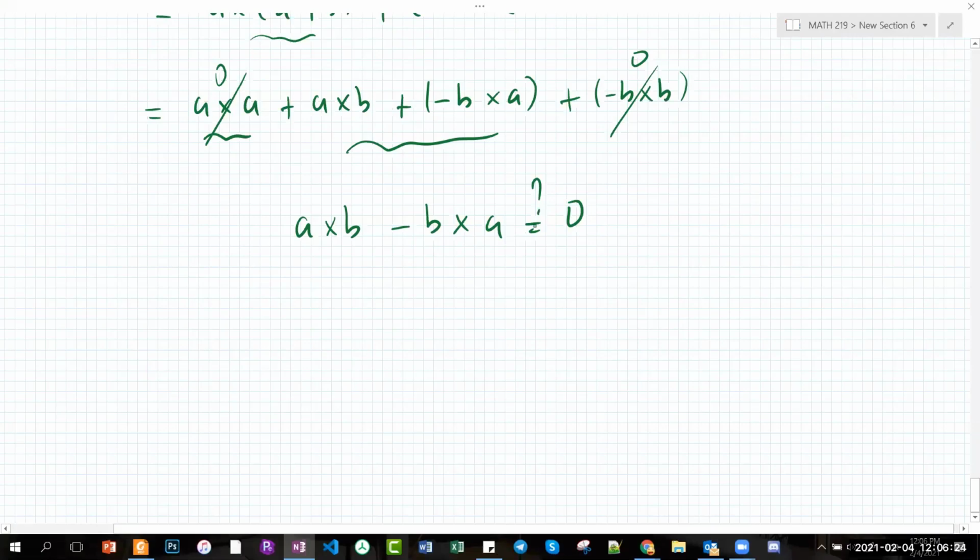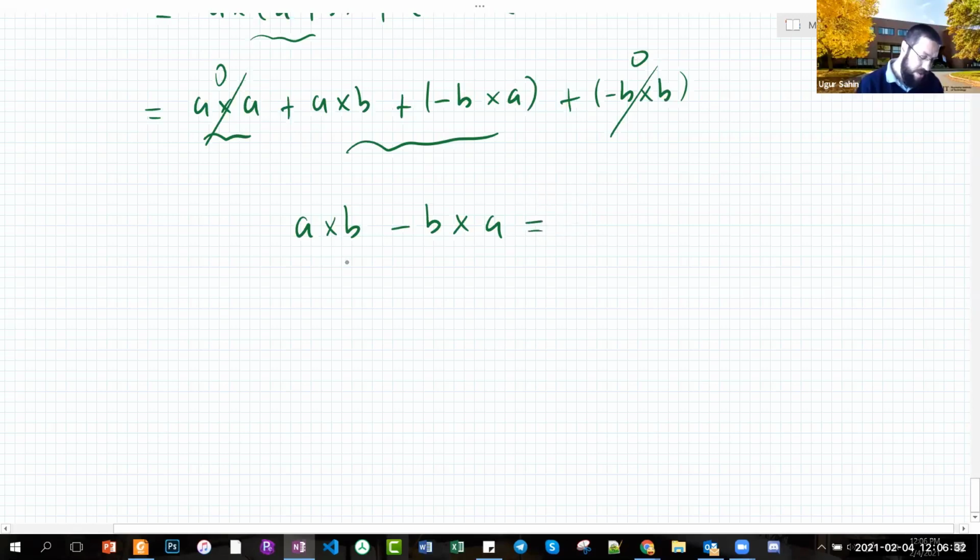No, it's not, because minus B times A will be A times B. Exactly, guys. We saw that B times A is not equal to A times B. There is no such feature. If it was, that would be 0.